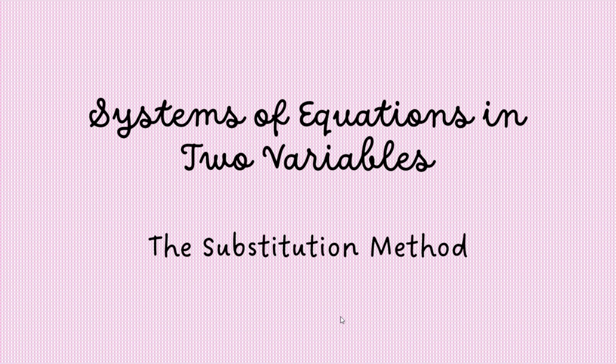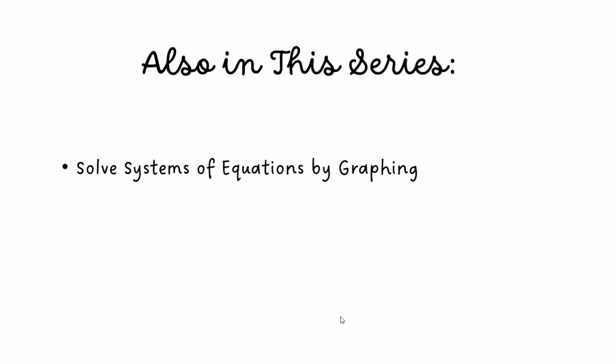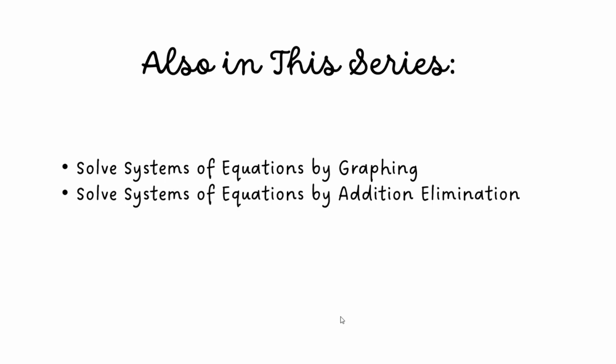In this video, we'll be talking about systems of equations in two variables, and this time we'll be using the substitution method. This is the first of two algebraic methods we'll be talking about. So also in this series, we have solving systems of equations by graphing, systems of equations by the addition-elimination method.